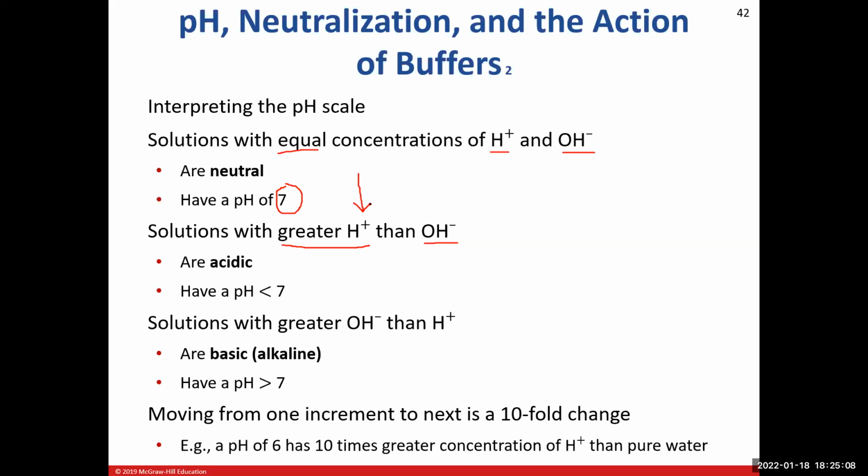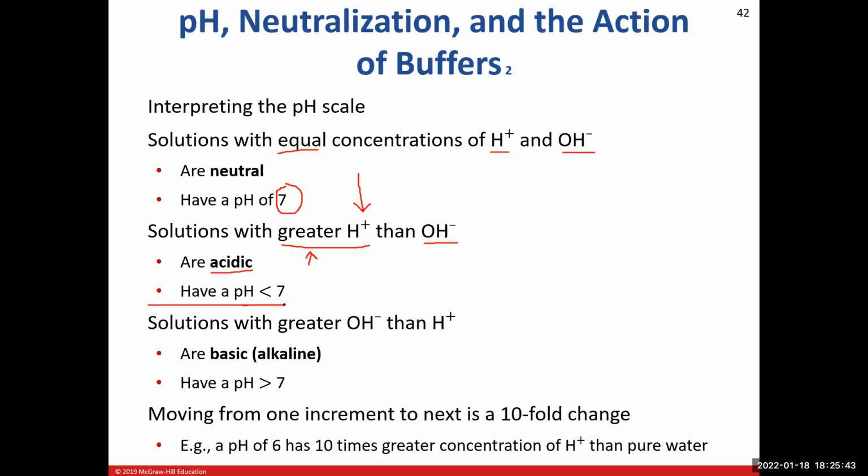H plus is a proton. So when I add my substance to the water and I find that it's blowing out tons of hydrogen ions, way more than the hydroxide ions, then I say, okay, that solution is now acidic because of all of these hydrogen ions, and it has a pH value of less than 7. So anything that has a pH value of less than 7 is considered to be acidic.